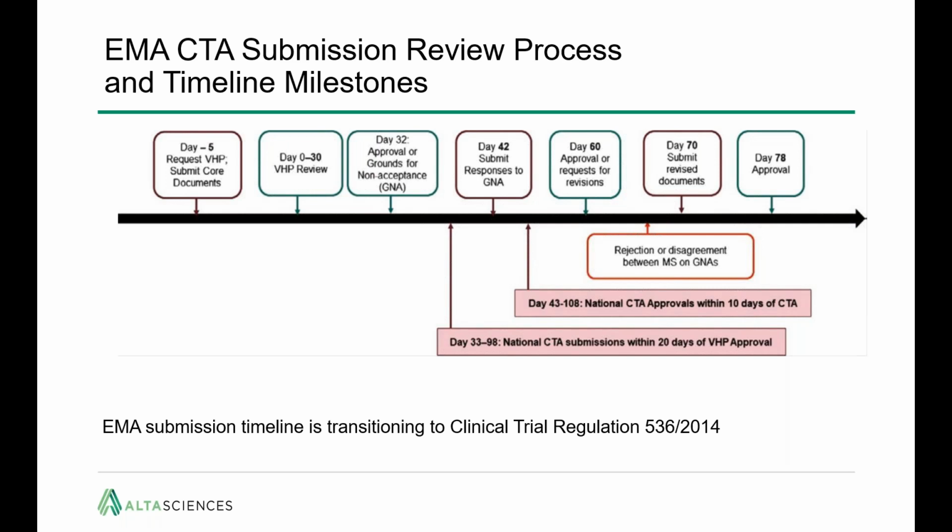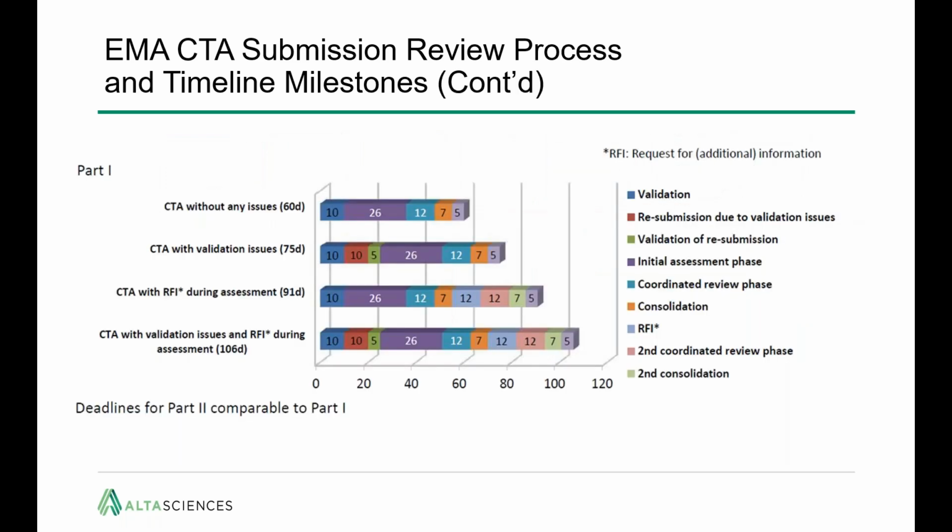The validation phase has been decreased to as short as 3 days, and the deadline for the sponsor to provide additional information has been standardized and decreased to 12 days. If dates are not met, the CTA will be deemed to have lapsed, and you can subsequently refile.